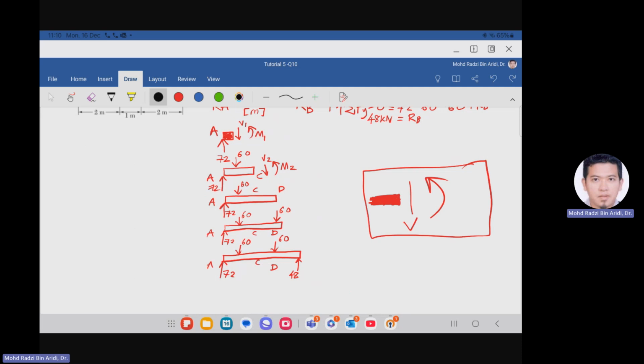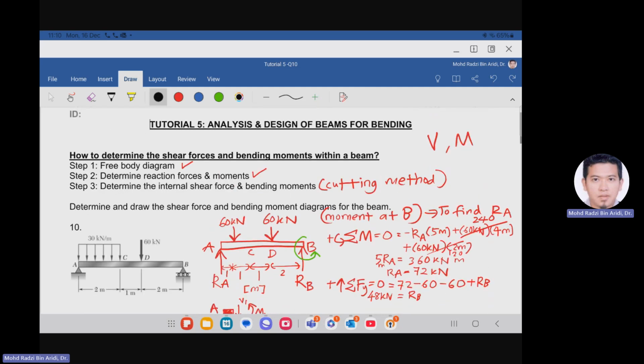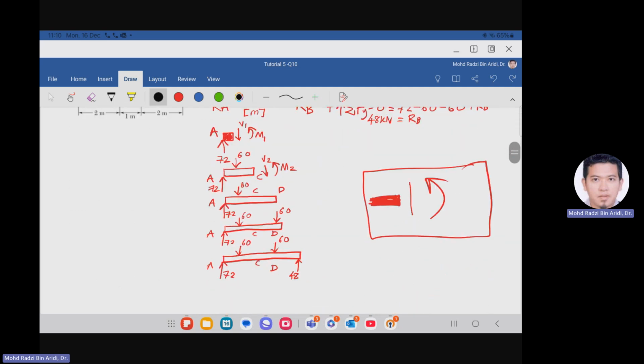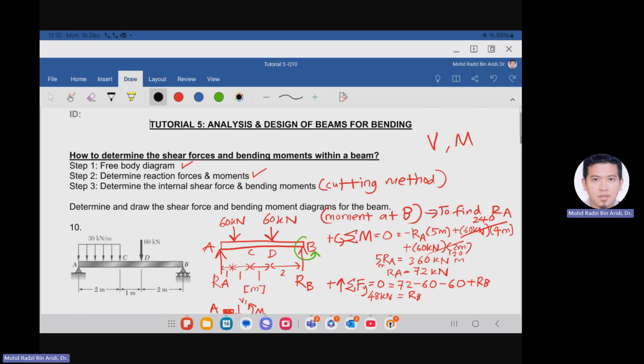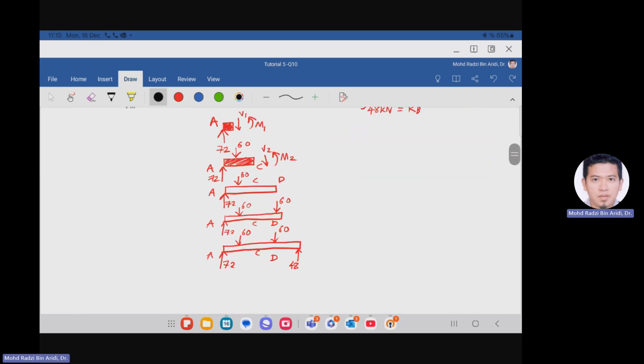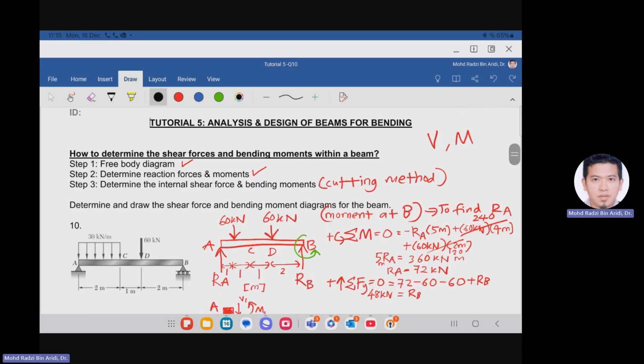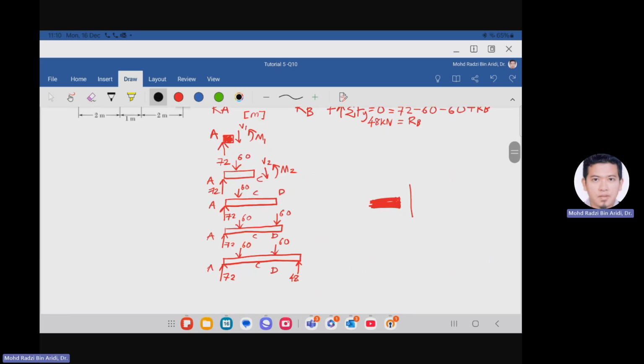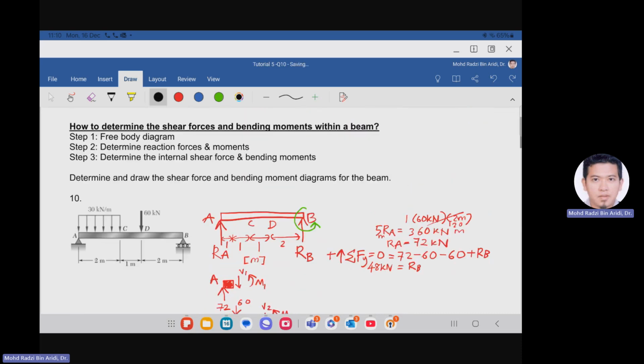So every time we cut, the beam will be on our left side. So the shear force will be positive by going down. Sorry for some technical problem here.